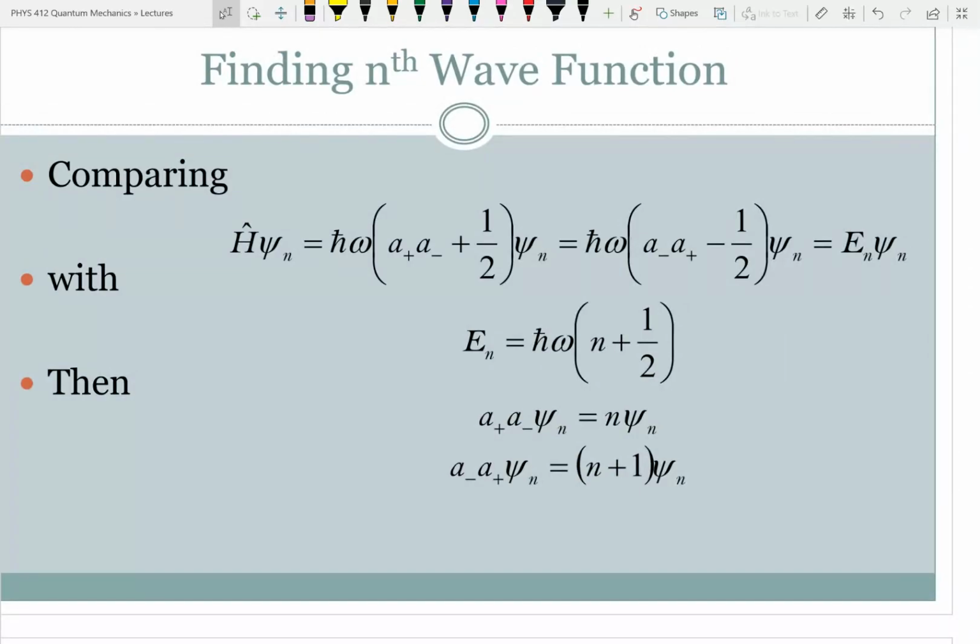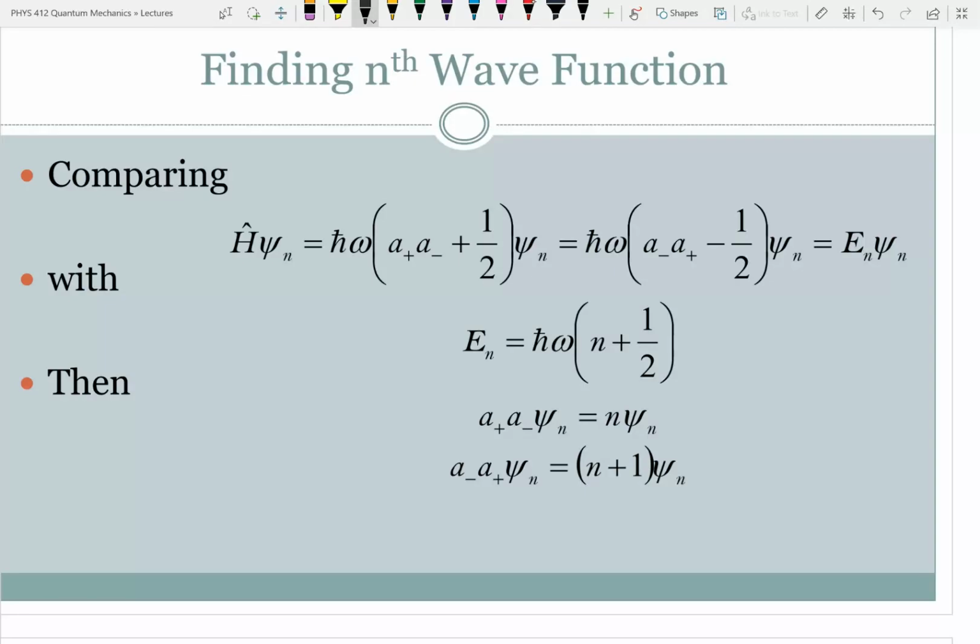So we can find other energy states by using the raising and lowering operators. So how so? This relationship here, for any energy state psi sub n, the Hamiltonian acting on psi sub n needs to be the energy acting on psi sub n. But the energy acting on psi sub n is h bar omega times n plus 1/2.